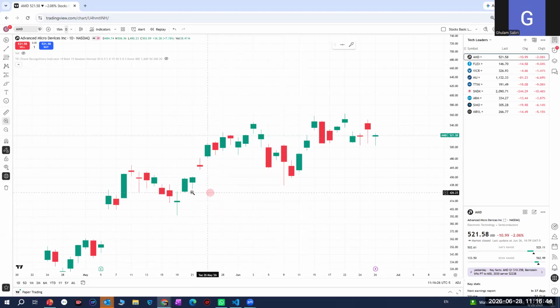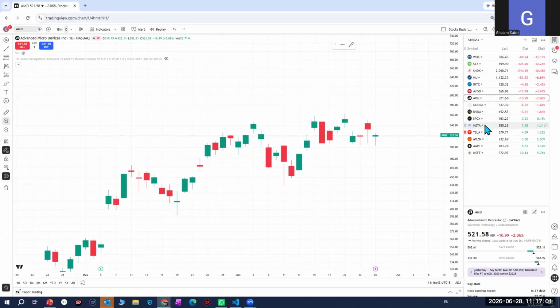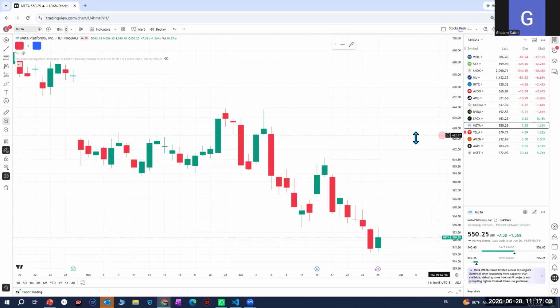On the other side, if you see a long wick at the top, it means sellers are more active and they are pushing the prices down. Now, AMD is a strong stock, so that's why you probably did not see many long wicks at the top. But let's see Meta, for example. You see this kind of candle right here on 4th of June, a long wick at the top.